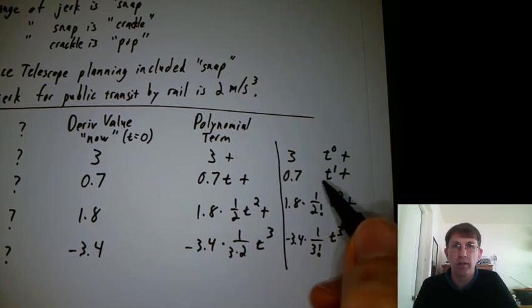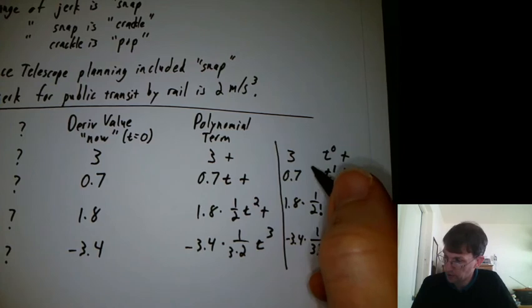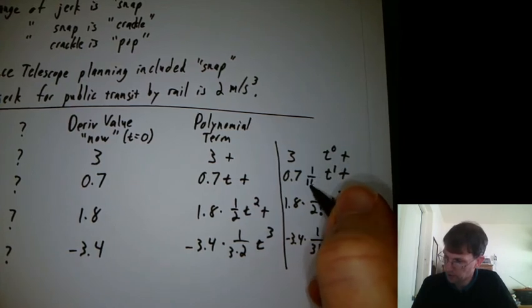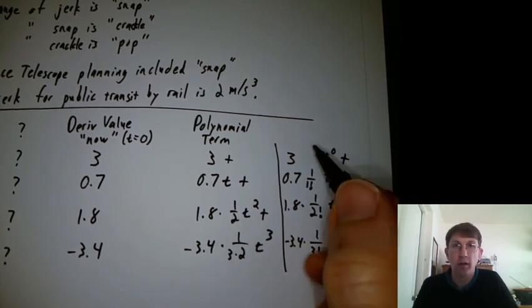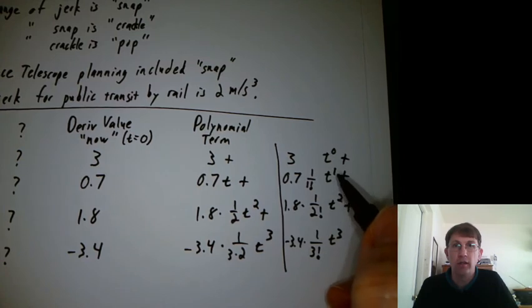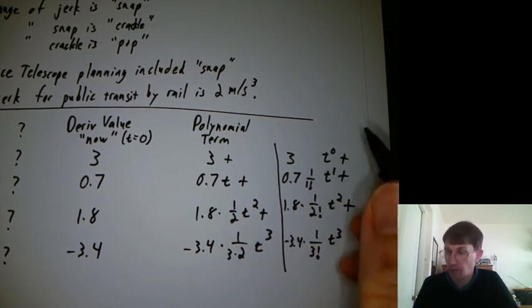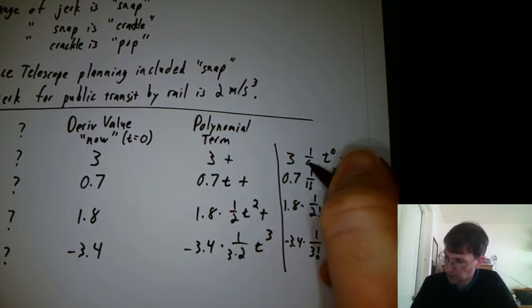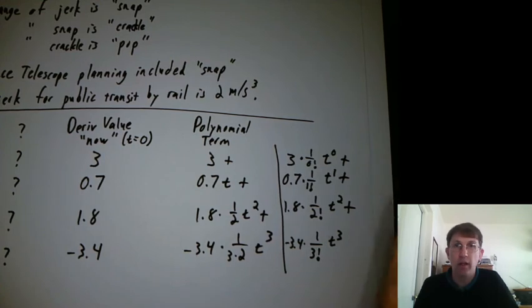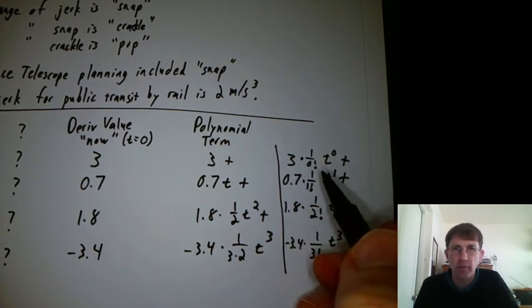Could I put a fraction here? What would be the most logical thing? 1 over 1 factorial. And then what about here? Well, here the factorial matches the power on the t, so maybe it would make sense to put 1 over 0 factorial there. So we're multiplying all these. But wait, is that going to be divided by 0?